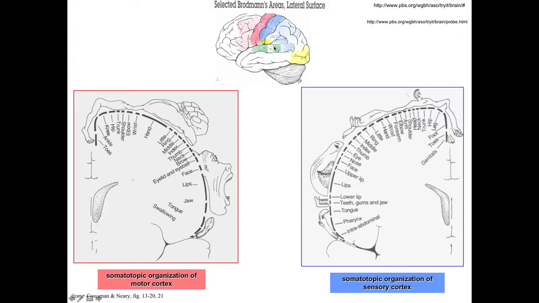So when we look at the somatotopic organization of the motor cortex and the somatosensory cortex, here's the motor cortex, area 4, and this is the somatosensory cortex, areas 1, 2, 3. What we're looking at is how we have this somatotopic map in our brain.